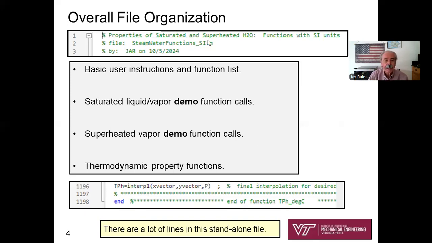But let me tell you about the basic overall organization of my files. So the top of the file is basic user instructions and the function list. You just saw the function list, user instructions, it's all comments, okay?